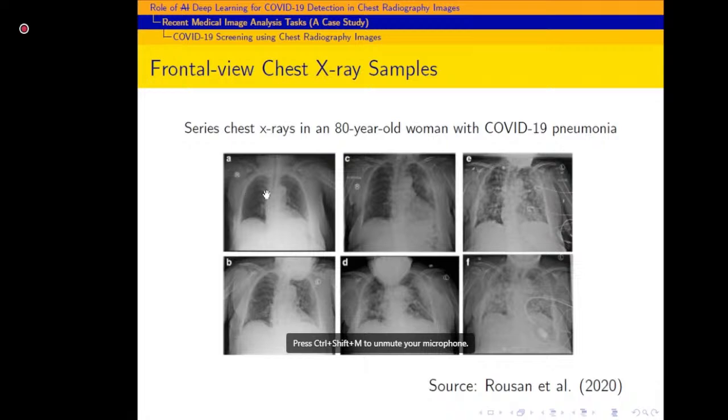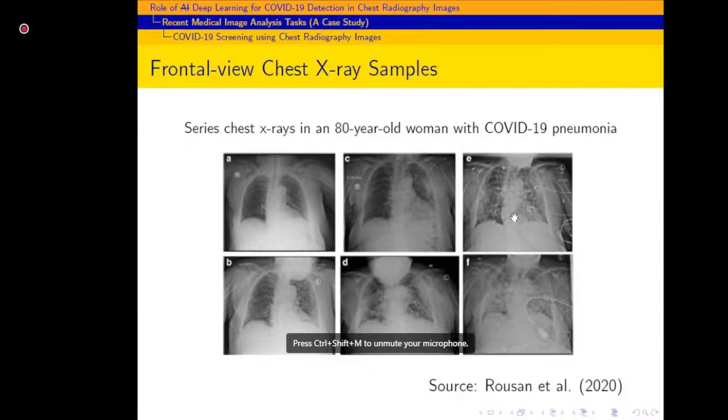So here is a series of X-ray images. If you look from the first row to the second row, the series of X-ray images is of an 80-year-old woman who suffered with COVID-19. Over the days, these images were captured on day number 5, day 7, 11, 14, 17, and 18.